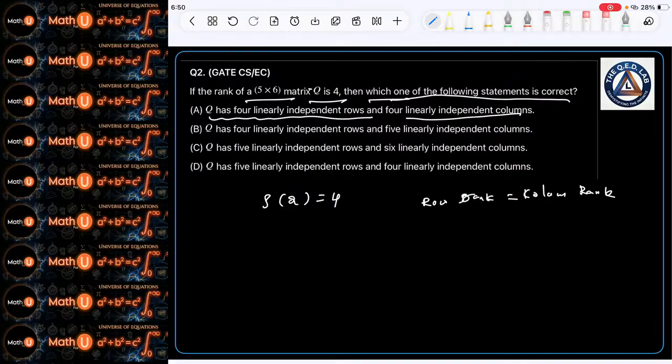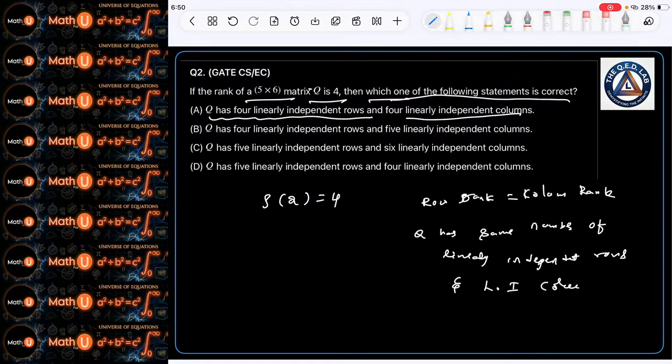That is nothing but Q has the same number of linearly independent rows and linearly independent columns.